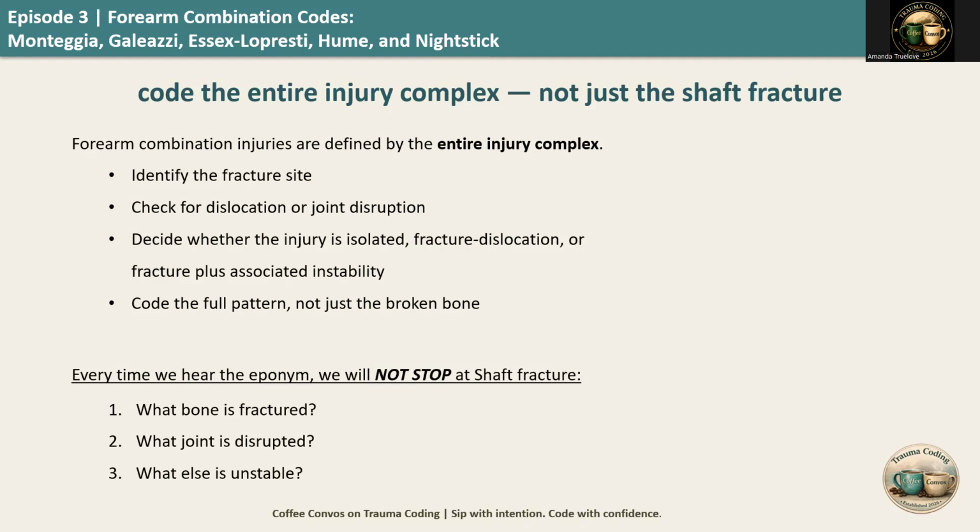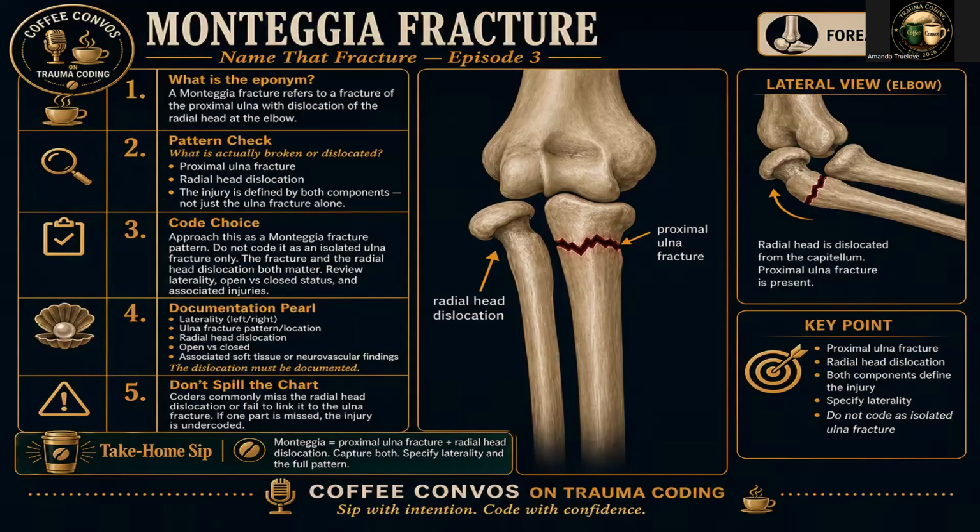What is actually dislocated? What joint is unstable? And is this an isolated fracture, a fracture dislocation, or a fracture with associated instability that changes the entire coding conversation? Well, let's get into it.